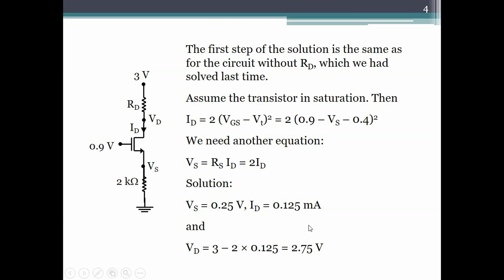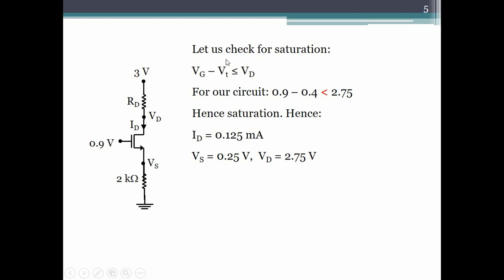Now, of course, what is different is now we ask, is this transistor in saturation given that RD is present? If RD is not present, then of course the drain voltage is 3 volts, gate is 0.9, the transistor is always in saturation. Now we have to check. So VD is 2.75, we check the saturation condition: is VG minus VT less than or equal to VD?